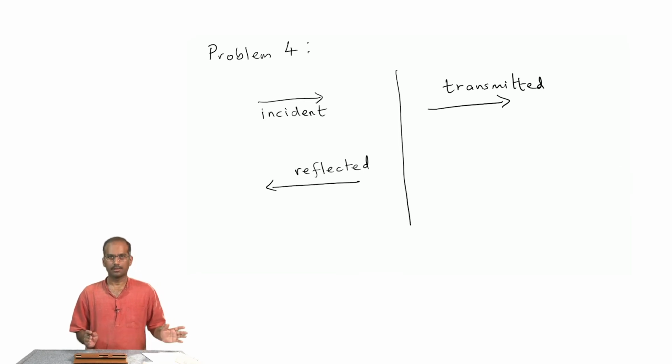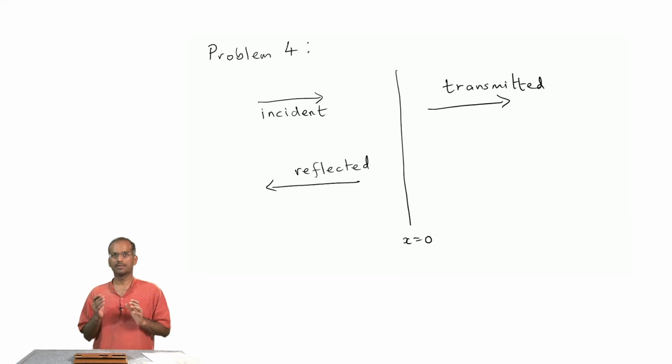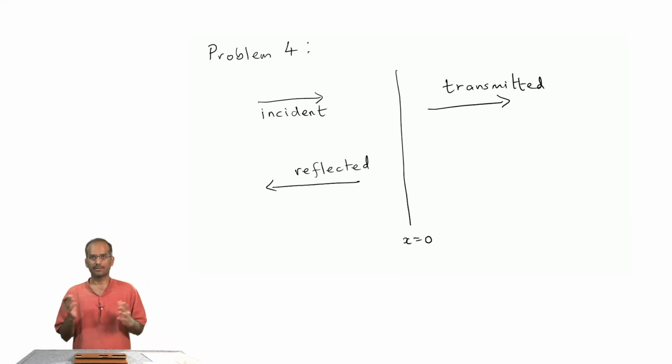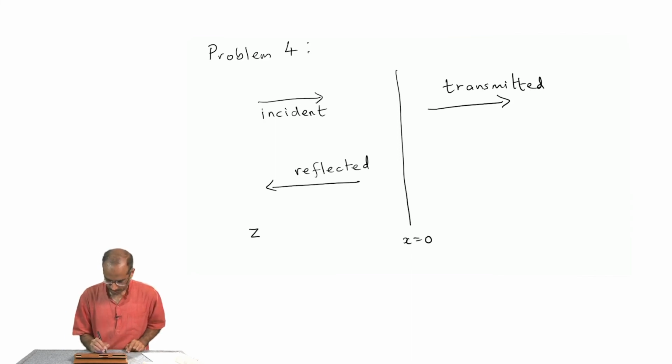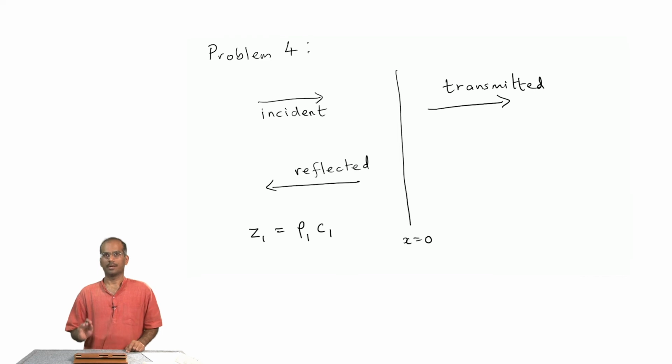So, you could assume that x equal to 0 is the point where the interface between two media is, and the first medium corresponds to acoustic impedance Z1, which will be rho 1 C1, and the medium on the right hand side corresponds to acoustic impedance of Z2, which is rho 2 times C2.